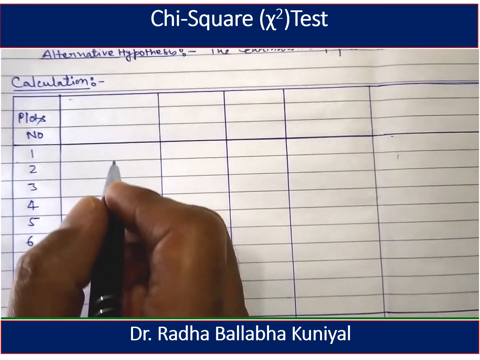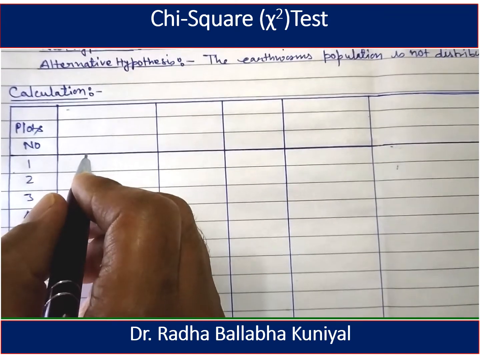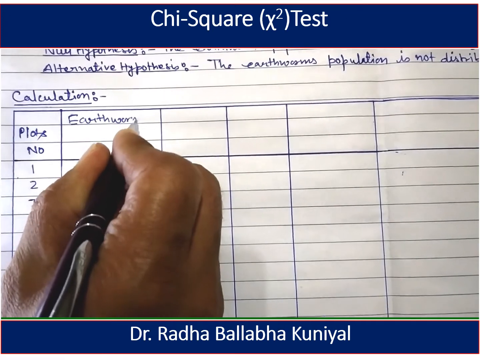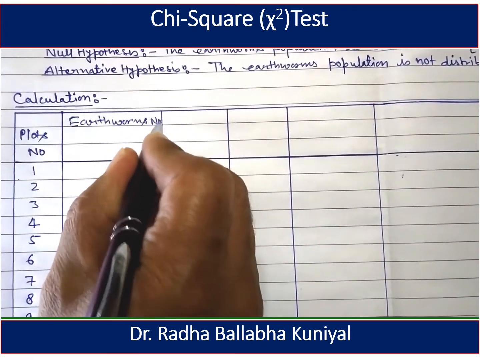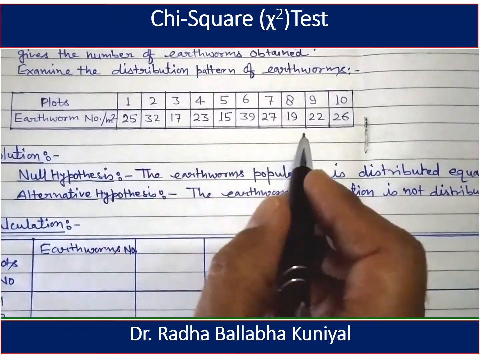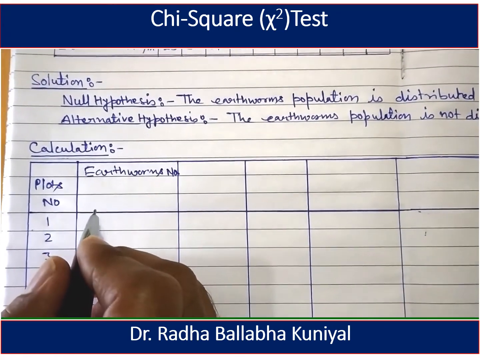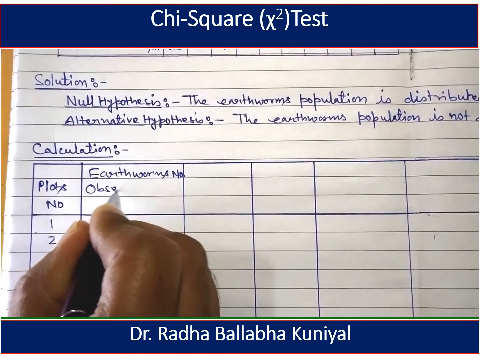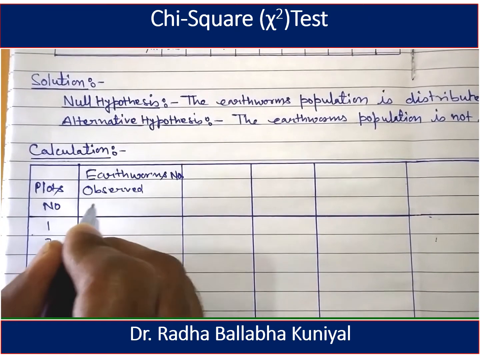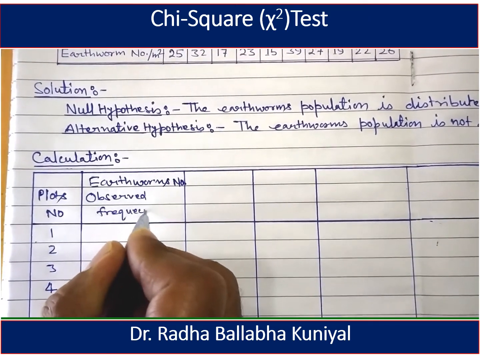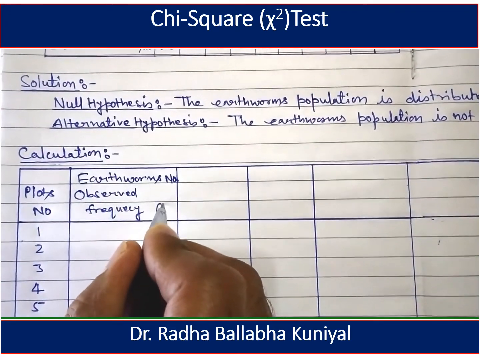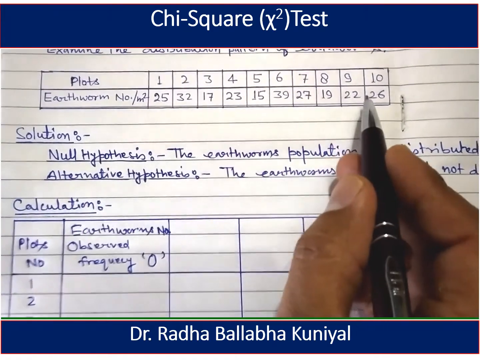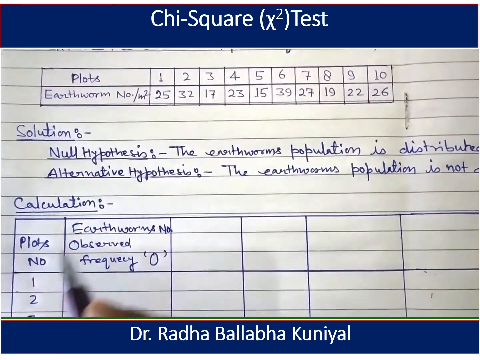Now in the second column we will note the earthworm numbers from this question, and the earthworm numbers are the observed frequency, which is denoted by capital O. Now in this column we will write the number of earthworms from the question against each plot number.